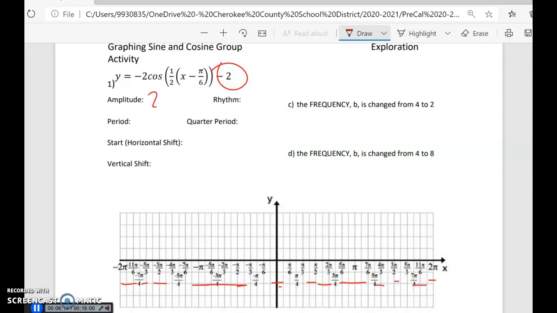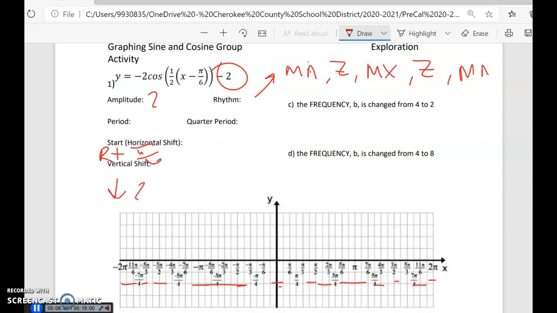Now, this is a negative cosine, so the rhythm here is going to be a minimum, a 0, a max, a 0, and then a minimum. I have a phase shift of right pi over 6, and then I have a vertical shift that is down 2.